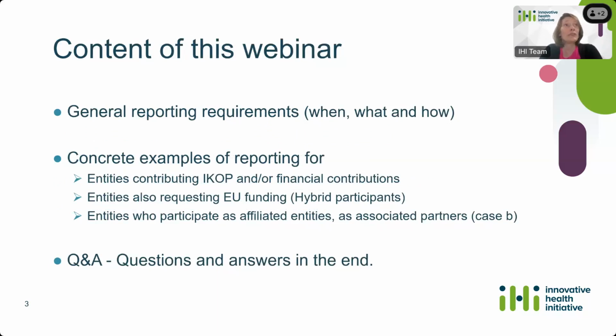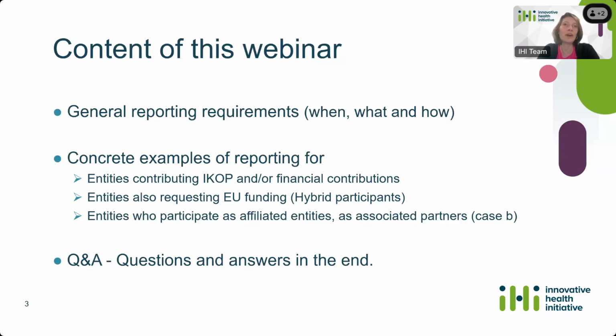So today we will try to cover all the different aspects of the reporting requirements, meaning when it is due, what it consists of exactly, and how you need to proceed in the tool to submit your reporting. And we'll give you some concrete examples of reporting for entities who are contributing IKOP and/or financial contribution in IHI grants only, or also for entities who are requesting EU funding.